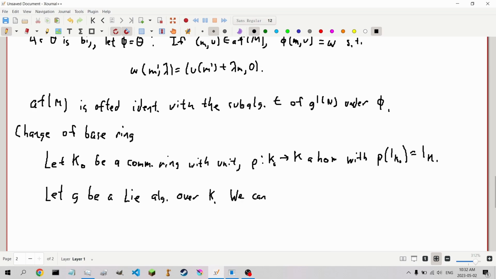We can define a Lie algebra G prime over K0 by G and our homomorphism rho.